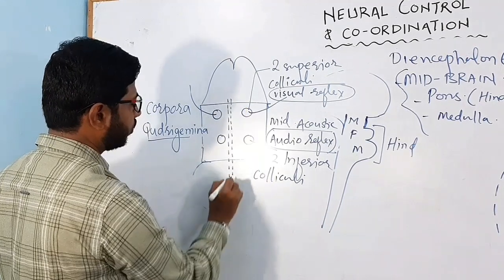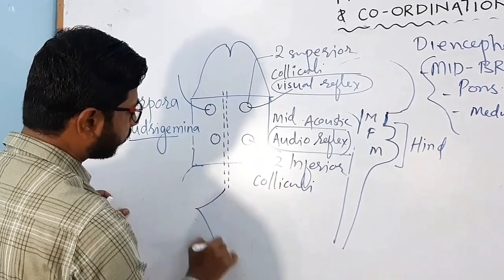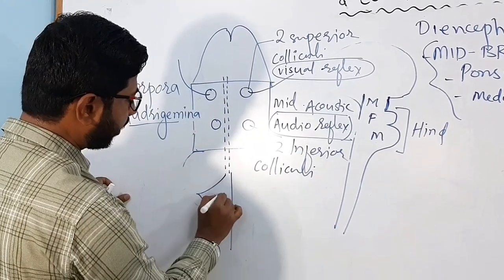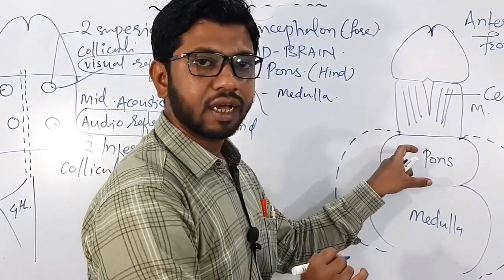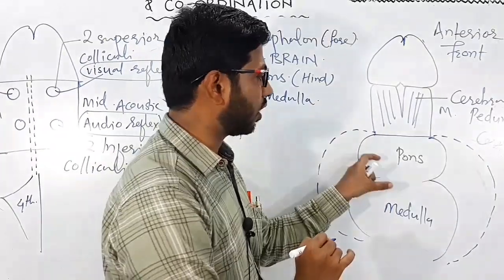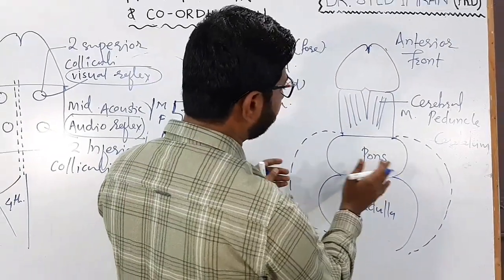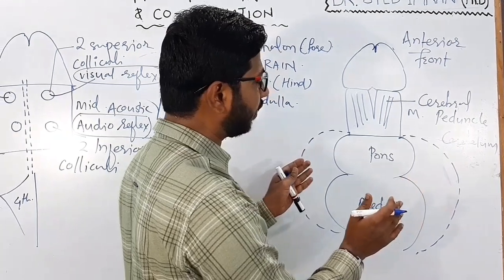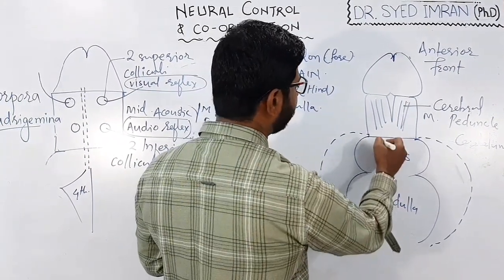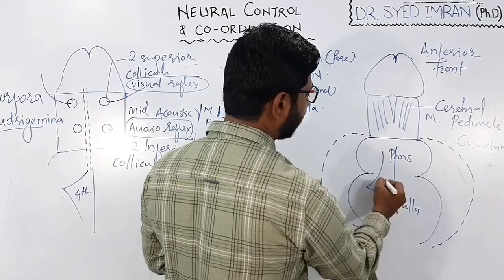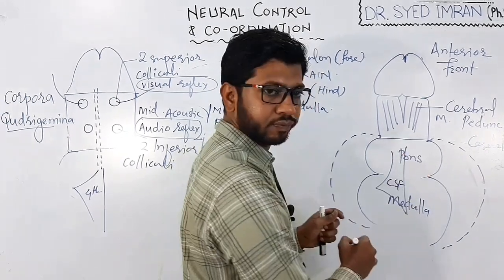This tube is coming from the 4th ventricle, which is present in the hindbrain. In this hindbrain, between the brainstem and cerebellum, the 4th ventricle is present like this, containing cerebrospinal fluid.